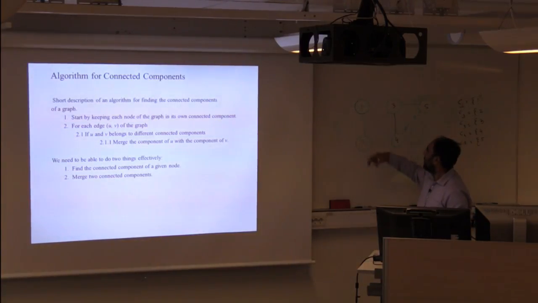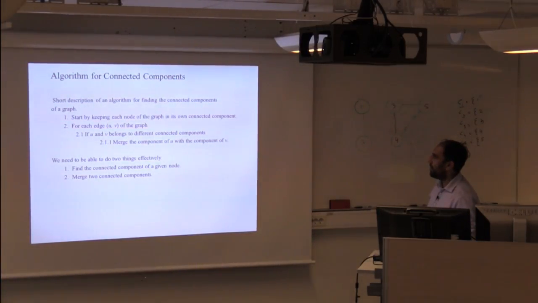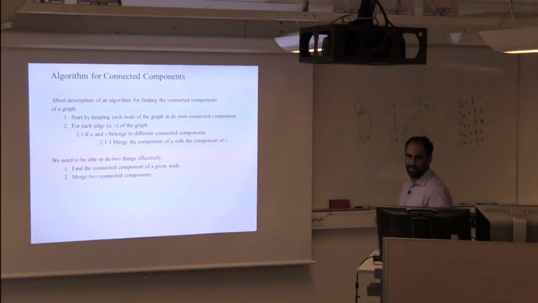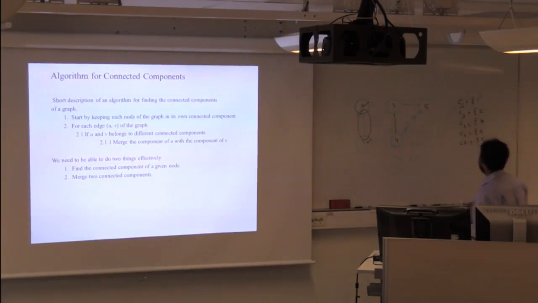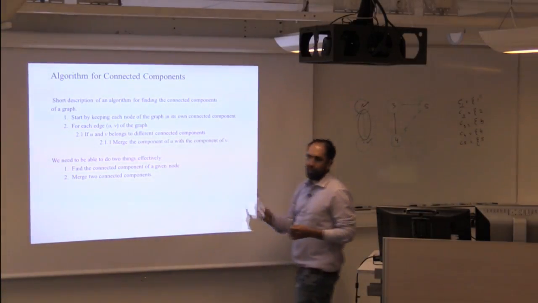In this case, here is the edge 1, 2, let's say this edge, and we check if u and v belong to different connected components. Do they belong to different components? 1 and 2? No. So in that case, merge the component of u with the component of v.